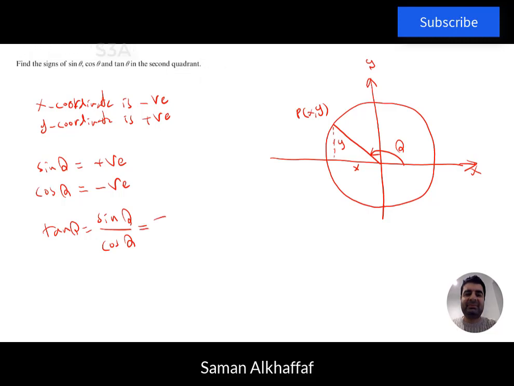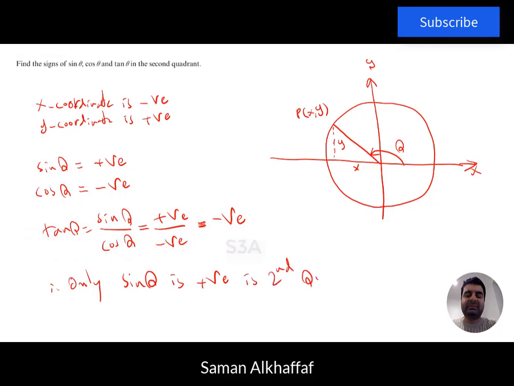So that will be positive over negative, which will give us a negative tan in the second quadrant. So that tells us that only sine theta is positive in the second quadrant. And this will be our answer for this question.